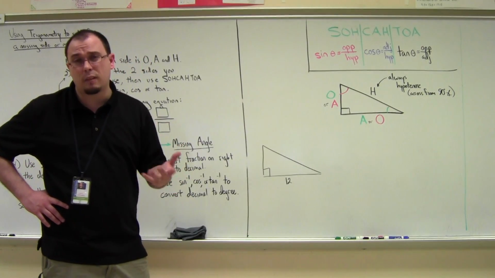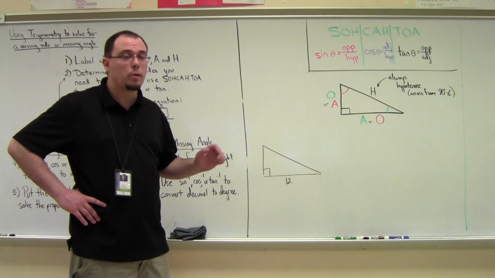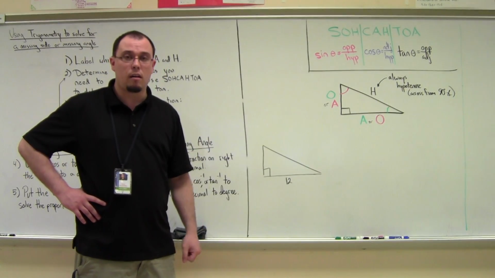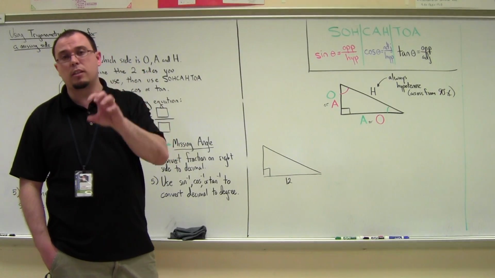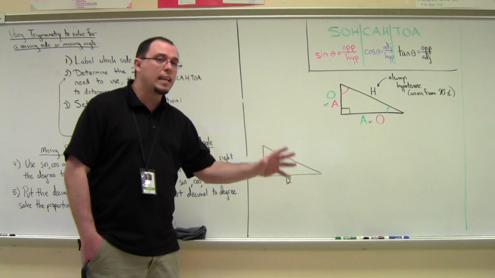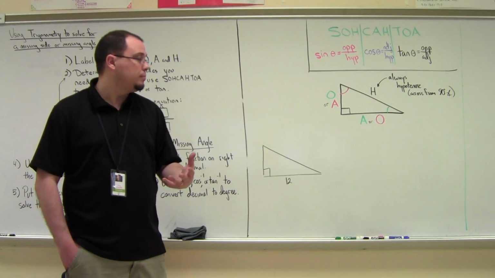And I'm going to be able to use that information, with less information than we're used to, to figure out anything else about that triangle that we want. So that's the idea behind trigonometry. We're going to convert a degree to a decimal, or a decimal to a degree, to find either a missing side or a missing angle.